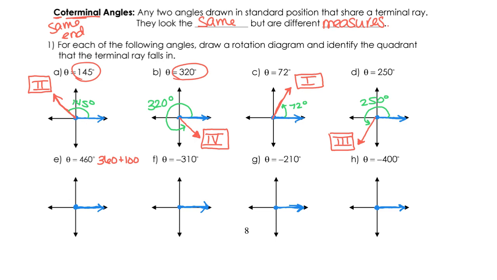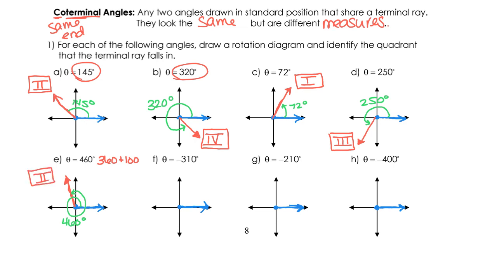So 90 degrees more would be straight up. So 100 degrees more is more like here. Okay. Now watch how I draw it. So I went all the way around and then 100 degrees more. So that angle would measure 460 degrees if you trace my green path there. And it ended up in quadrant 2.